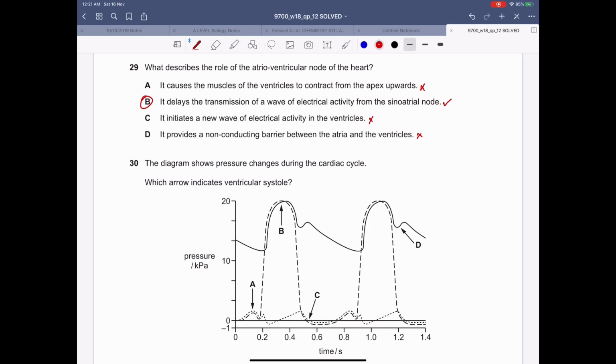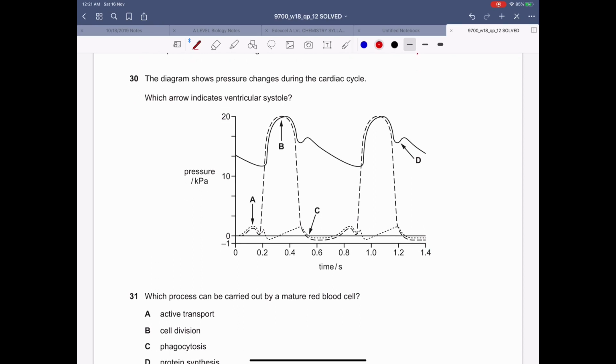Number 30. The diagram shows pressure changes during the cardiac cycle. Which arrow indicates ventricular systole? Okay, this is very clear. Option B is the correct choice. Now, it is not option A because option A, I would say, indicates atrial systole.